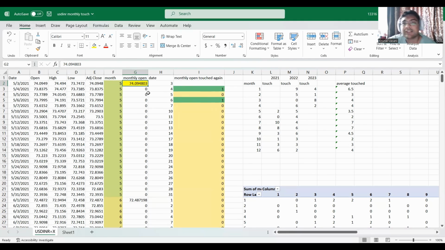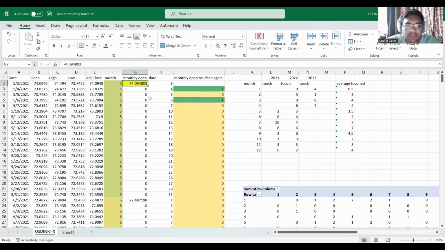If the market is hitting that monthly open frequently, then we can say the market is range bound, and we can do range bound trading strategies like option selling, risk undefined methods. You can sell futures or buy futures if the market is down.